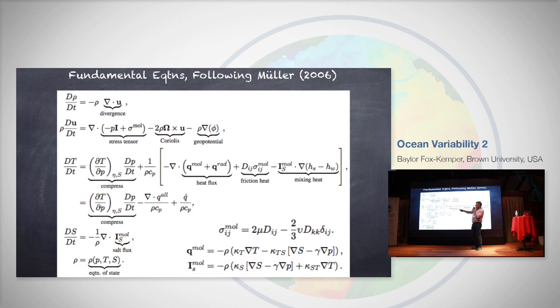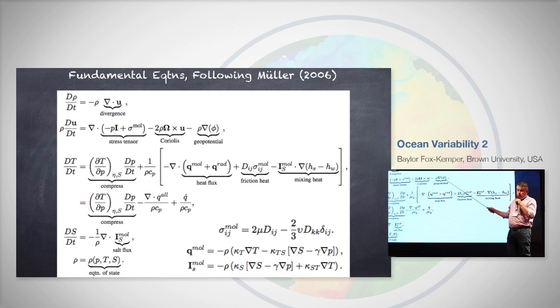There's a stress tensor, which has both the pressure as the trace of that tensor and the deviatoric stress tensor, which is where viscosity comes in. This MOL means molecular. There's the Coriolis force. And then there's the geopotential, which includes the centrifugal force, but also gravity and also tides. Okay, all of this is fine.